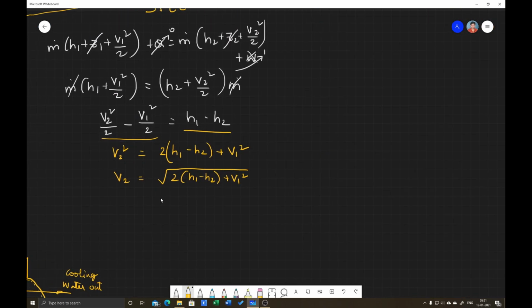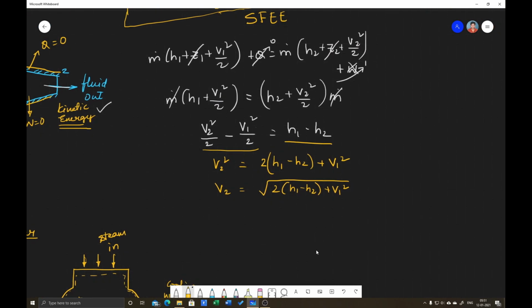One more thing you have to remember is that you have to substitute h1 in joules per kg here. But in general, enthalpy is always measured in kilojoules per kg.